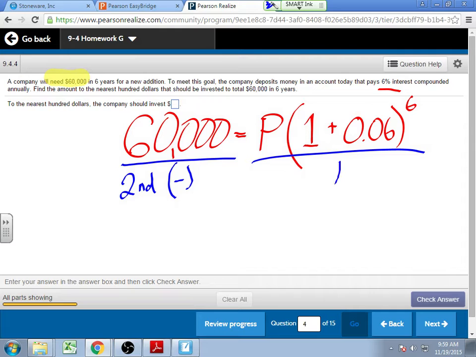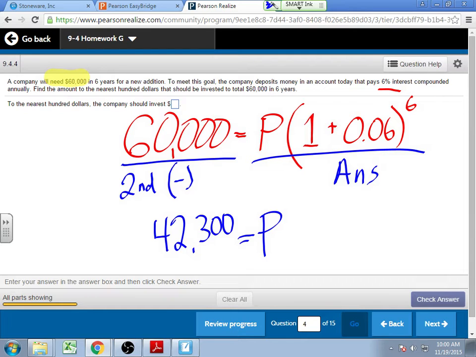It should really pop up and say ANS. So you'll type in 60,000 divided by second, the negative symbol, plugs in ANS, and you get your principal amount. They should invest 42,297, but if we round to the nearest hundred, so 300.